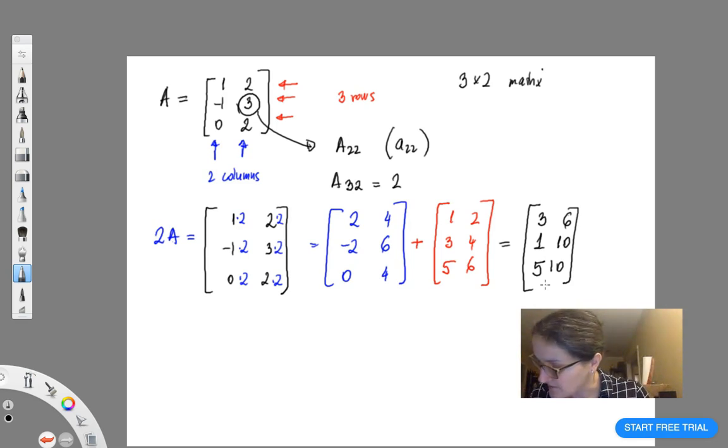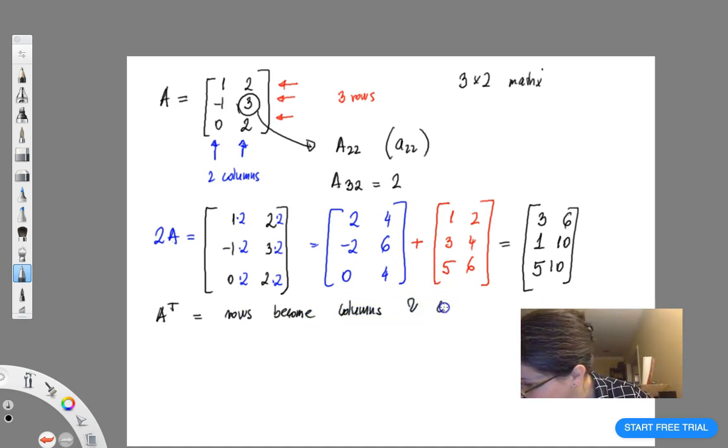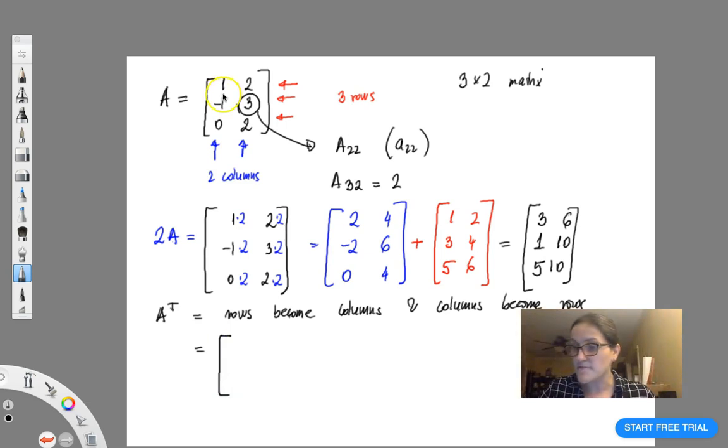Finally, the transpose of A is simply a matrix that is going to flip. Rows become columns and columns become rows. And we will simply have a transpose as, so what was the first row? It's going to become the first column. So the first row was 1, 2.